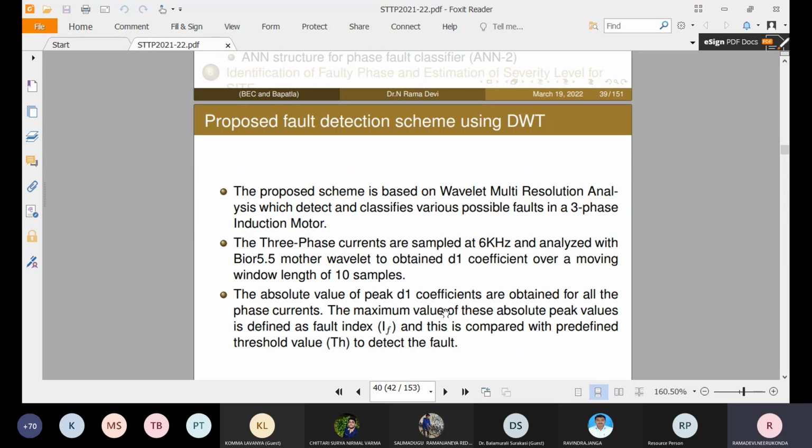Here the detection algorithm is proposed based on multi-resolution analysis with the consideration of three-phase currents. These three-phase currents are a non-invasive measurement, because we don't need to open the machine to put in measuring devices.